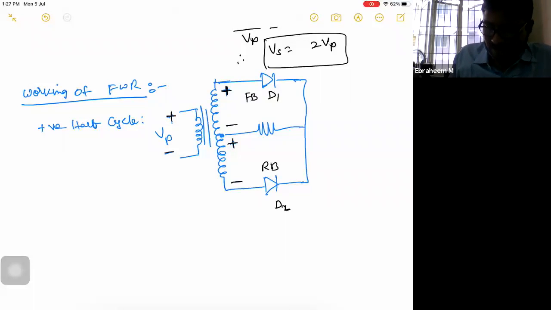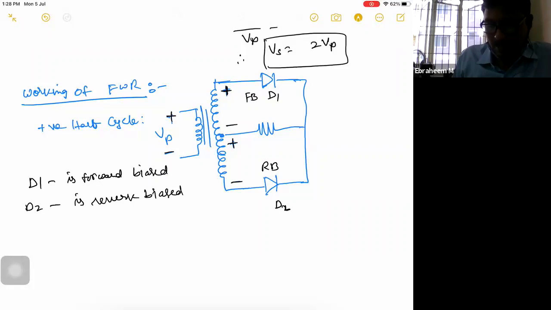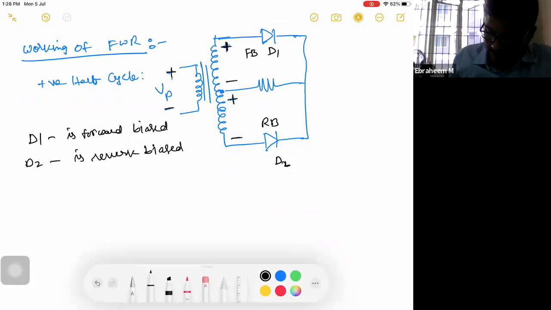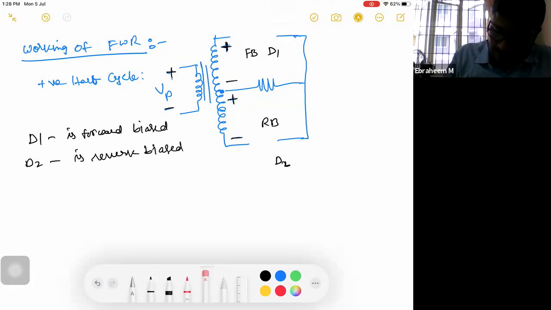So D1 is forward bias and D2 is reverse bias. What happens? Diode D2 acts as an open circuit, and diode D1 acts as a closed circuit.